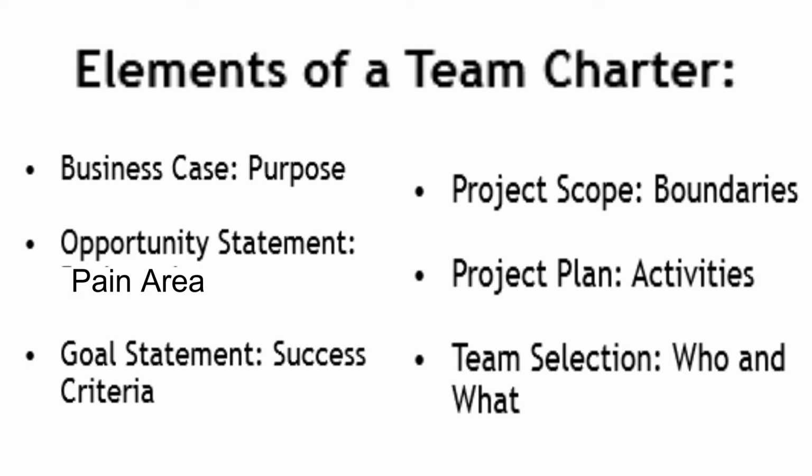Project plan. So the project plan is a list of activities at a very high level on what will be the stages of DMAIC. So by when you will finish define, by when you will finish the measure phase, by when you will finish the analyze phase, and so on.